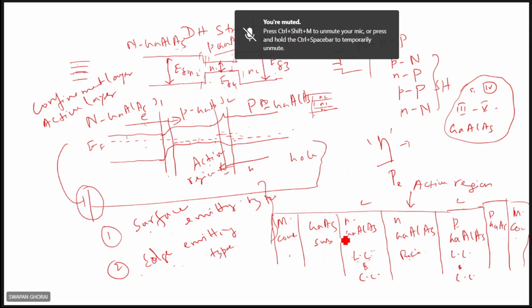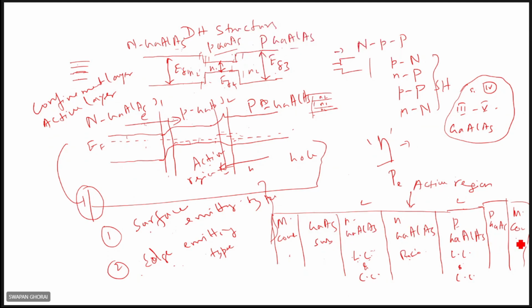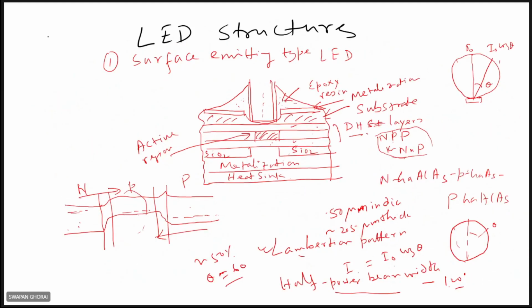And other layers are the substrate and metal contacts. Those things are there, right? So let us see the actual configurations. If you consider the surface emitting type LED, you can see it here.